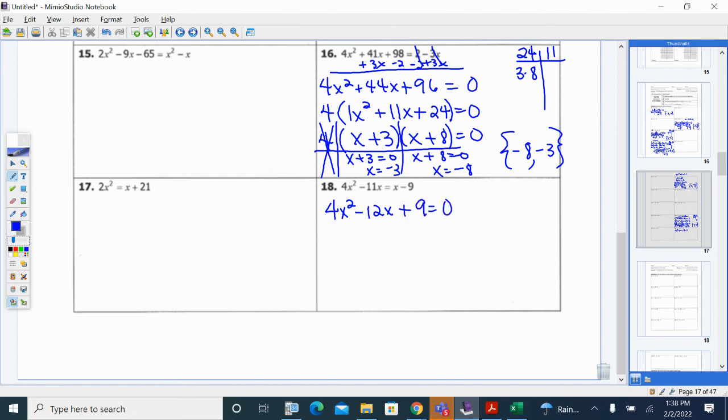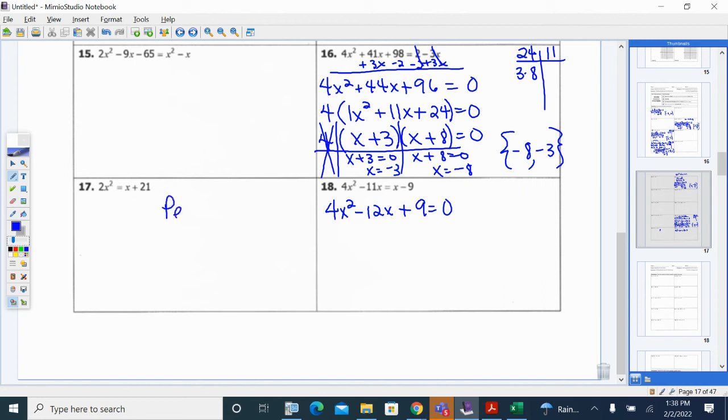So that's what that's going to look like in that form. There is no greatest common factor between 4 and 12 and 9. So we're left to factor. Normally, I would say multiply the 4 times the 9 and use your product sum table. But I want to talk about something called a perfect square trinomial.